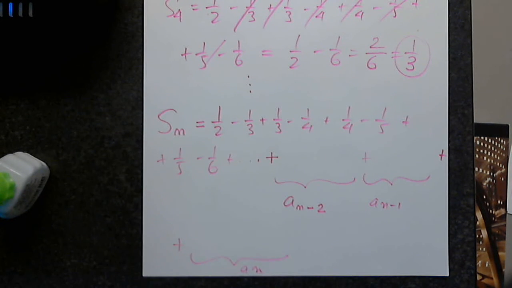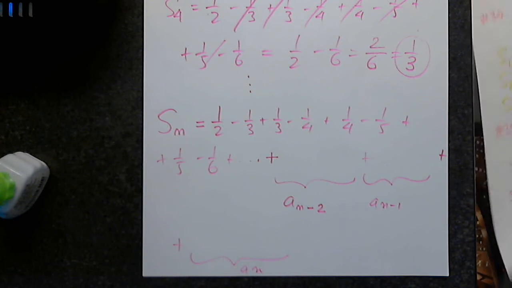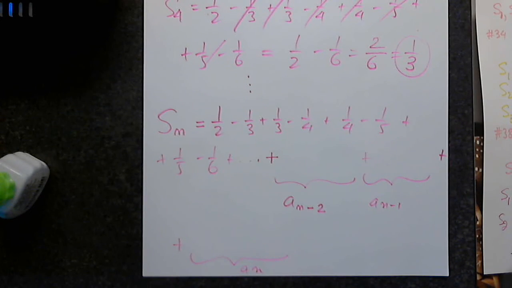So S sub n is the nth partial sum, which means I have to add the first term, the second term, the third, the fourth, the fifth, up until n minus second, n minus first, up until including the nth, correct?